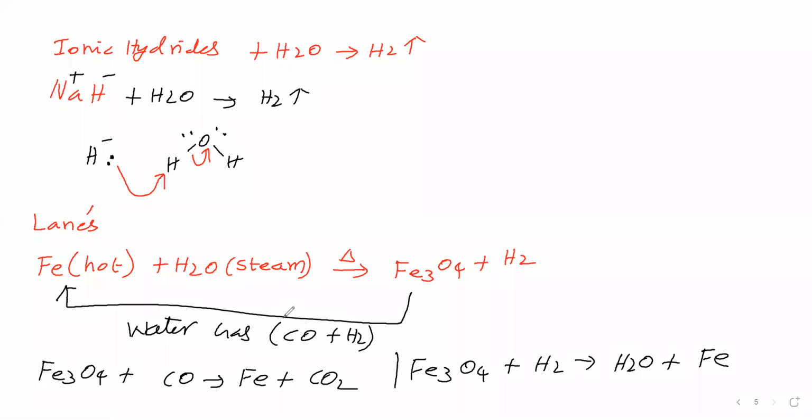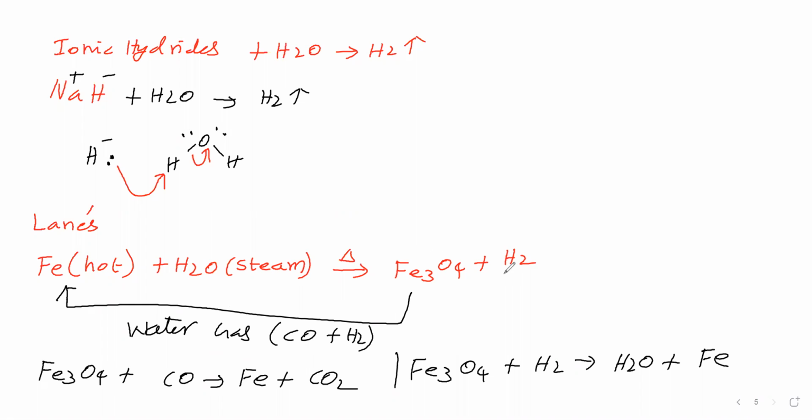While passing water gas we will not get hydrogen gas, because it converts Fe3O4 back into Fe. After that, start passing steam and you will get hydrogen gas. This is the method used for manufacturing hydrogen gas.